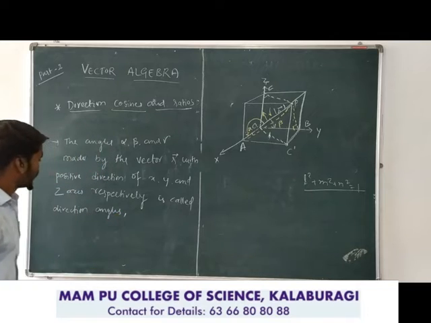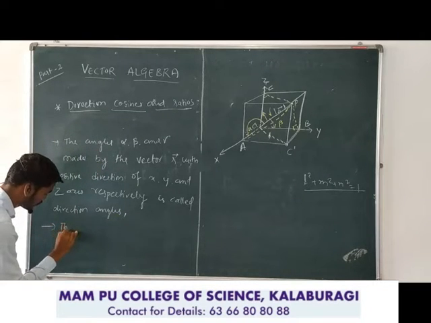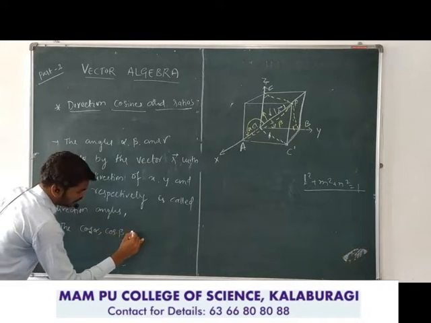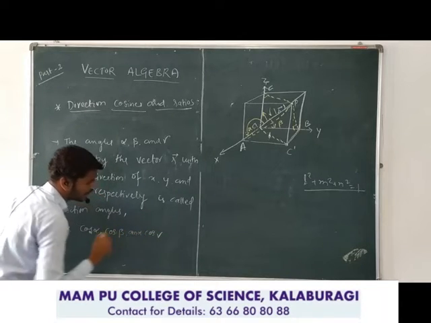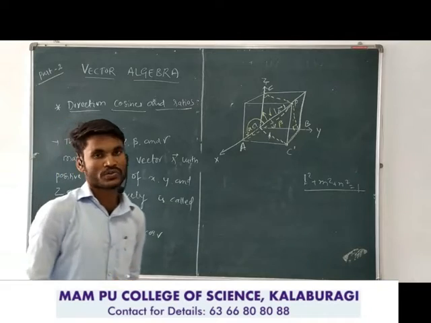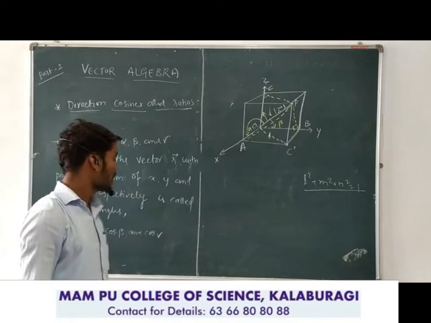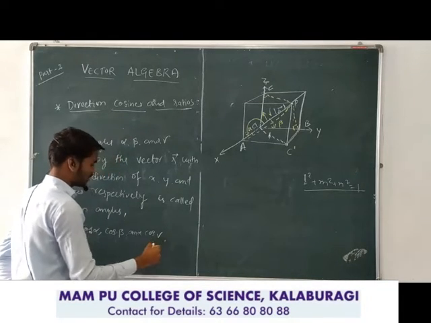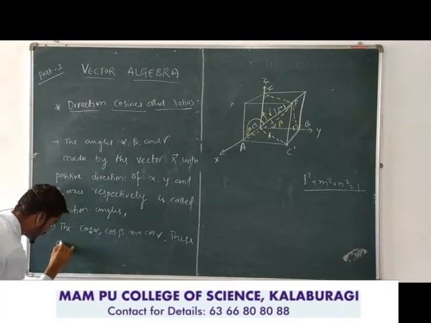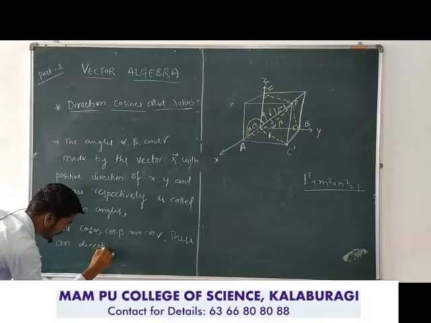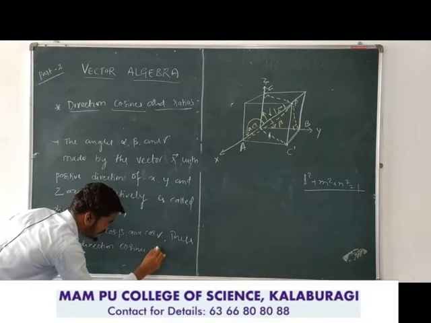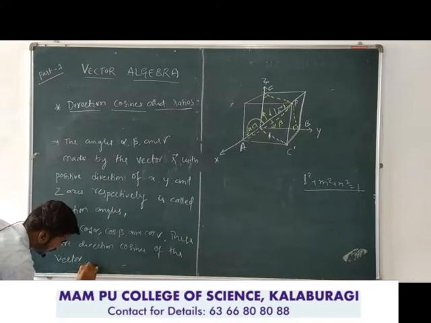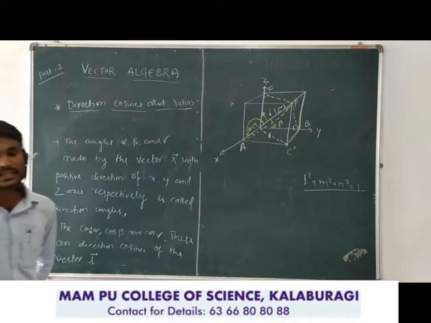Now cos alpha, cos beta and cos gamma are the direction cosines of the vector R.